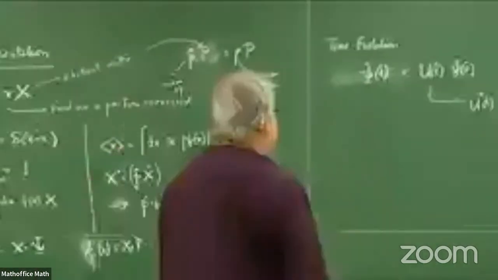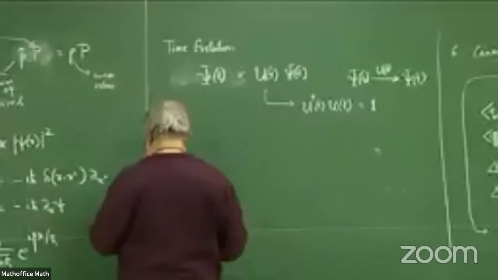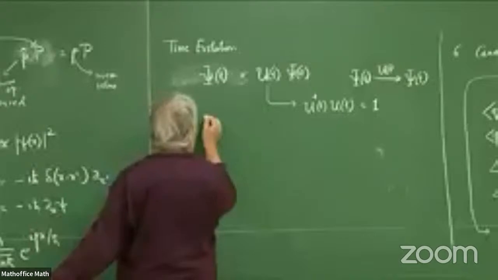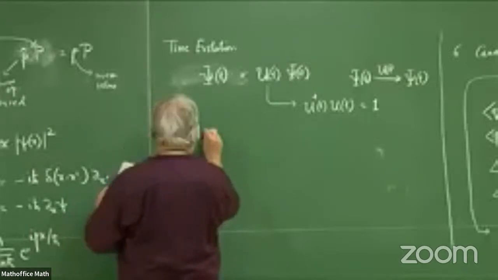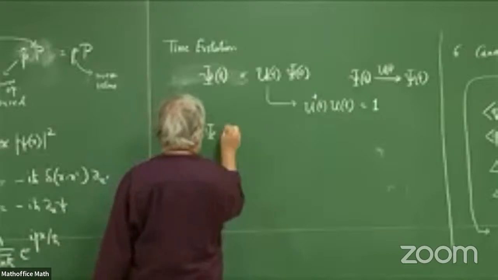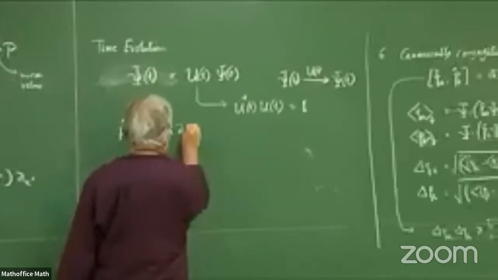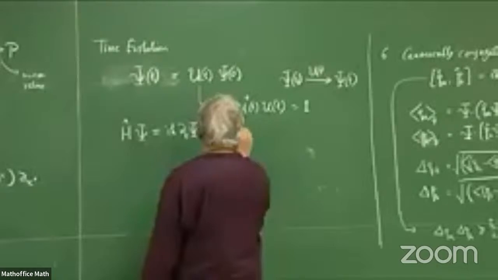So then what you can do is this equation: H operating on psi equals i h-bar times the time derivative of psi. This is known as the Schrodinger equation.